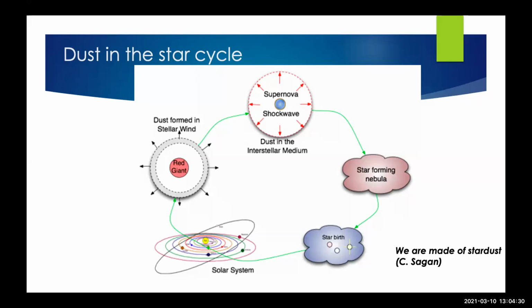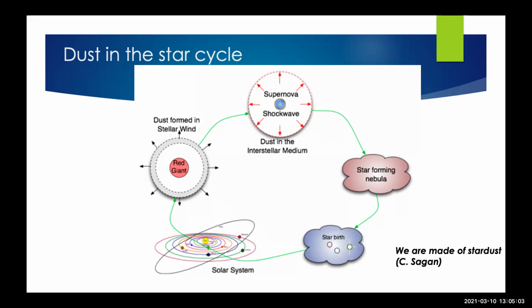As the star evolves along the HR plot, it becomes a red giant, and as we know, a large part of the outer envelope of this red giant is given back to the ISM in the form of a stellar wind. As the temperature decreases farther away from the giant, the gas coagulates again into dust.